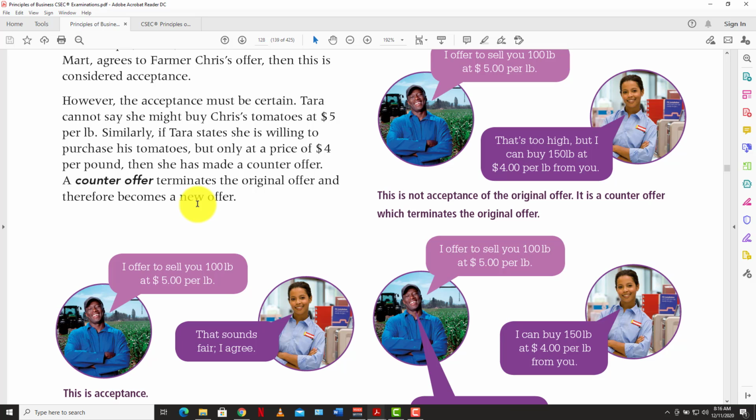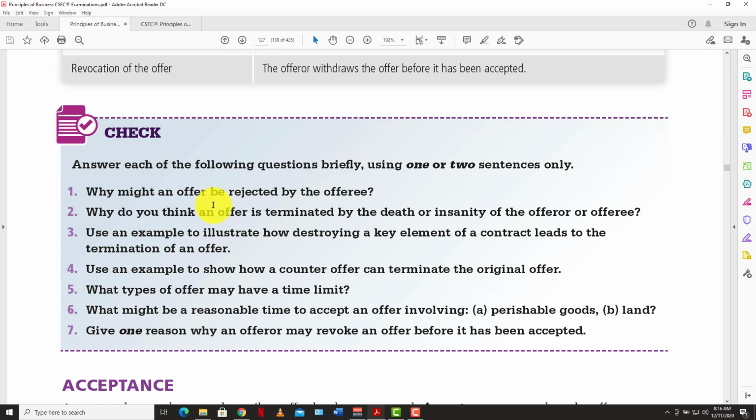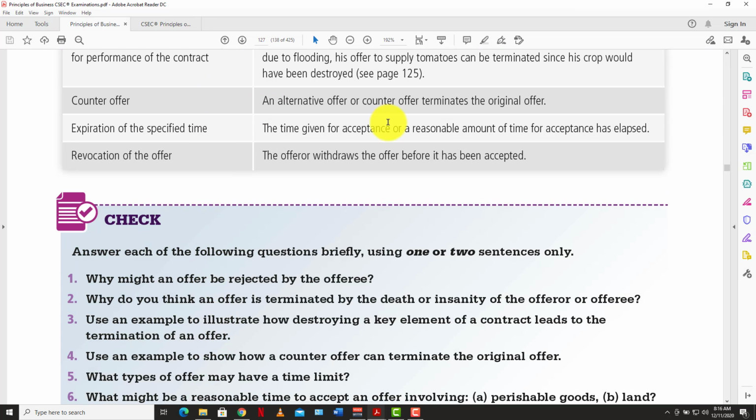So you have to note that part. That part is significant, that it came from the offeree, not the offerer. So a counter offer terminates the original offer and it therefore becomes a new offer, and it's an alternative offer made by the offeree.